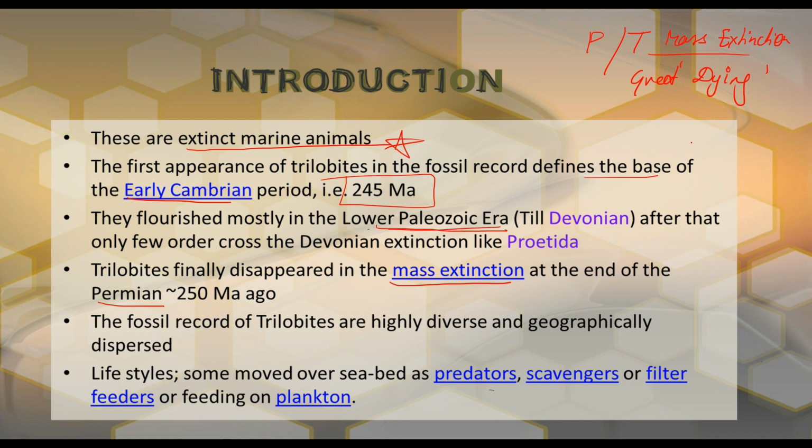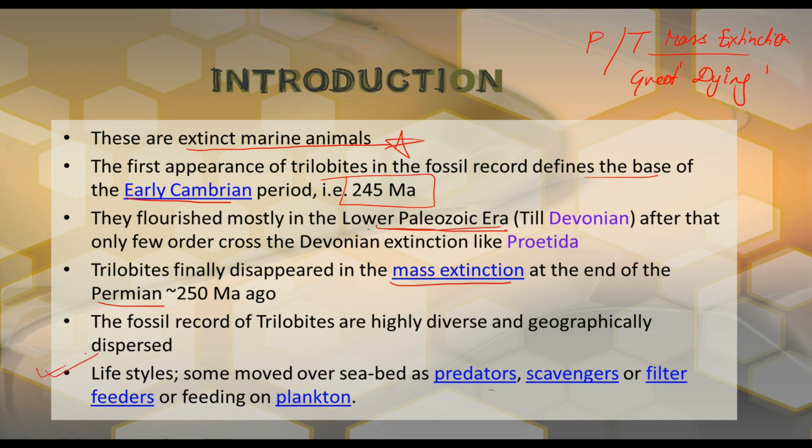That's why this is known as the Great Dying, because lots of animals actually went extinct in this mass extinction. So because of this extinction, the highly evolved invertebrate trilobita is actually restricted to only the Paleozoic era, and after this we did not find them again, they went totally extinct.